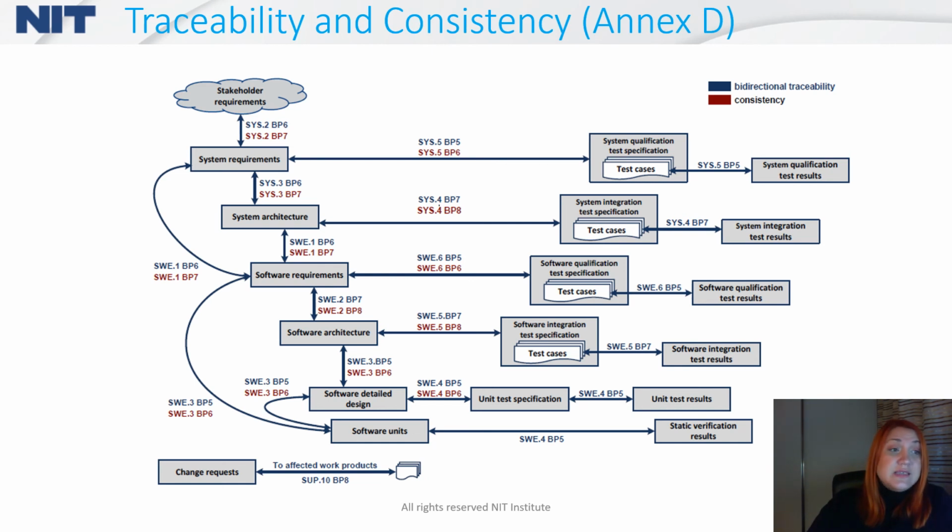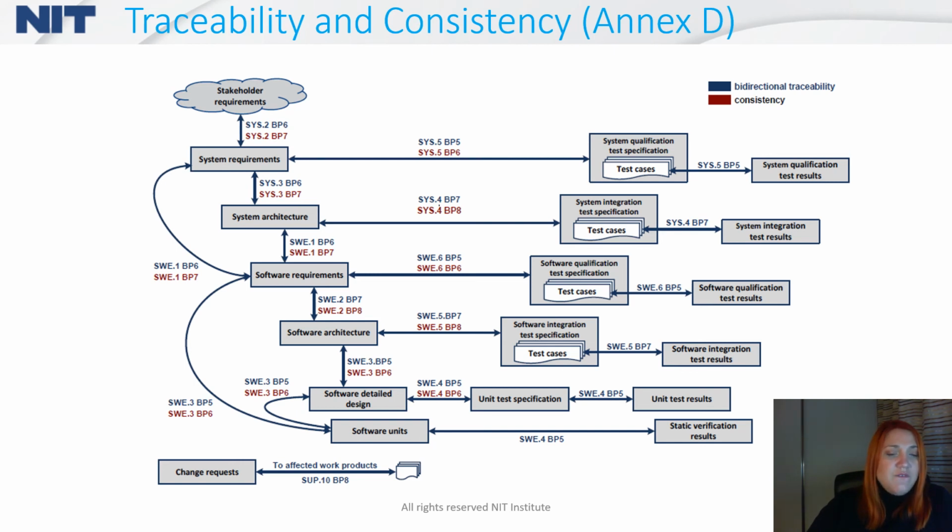But on the right side of the V, all levels explained on the left side are of course tested by separate test processes. On the lowest level, we have static verification, which is used for testing the software unit.